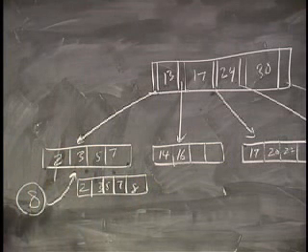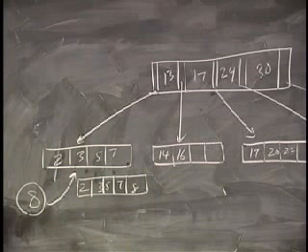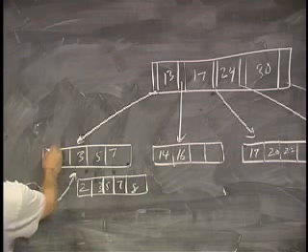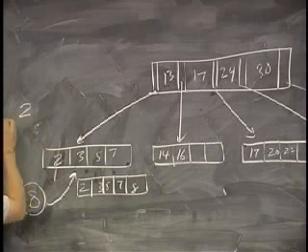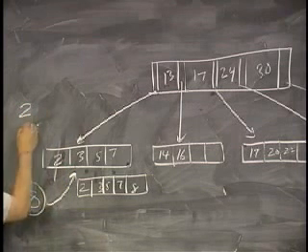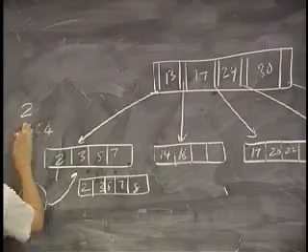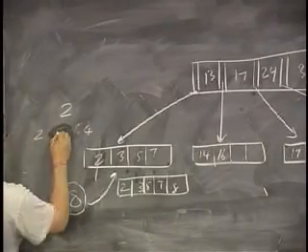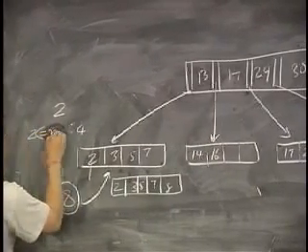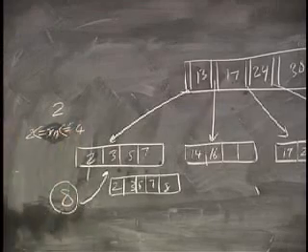Another important thing about the B tree is how many values, or how many pointers and values, key value pairs it can hold. So if it is of order 2, it has to have between 2 and 4. In this case, the order is 2.